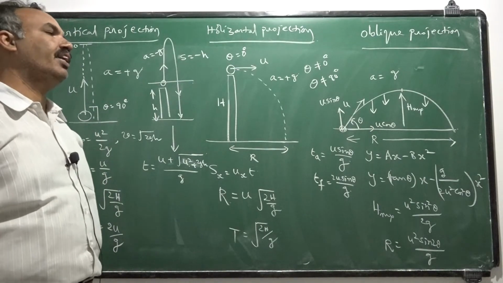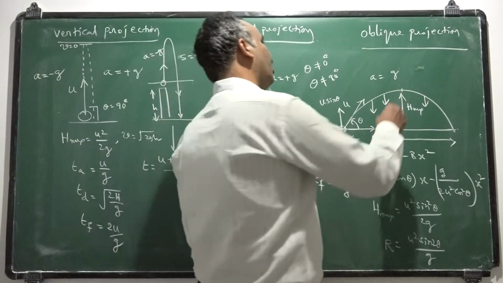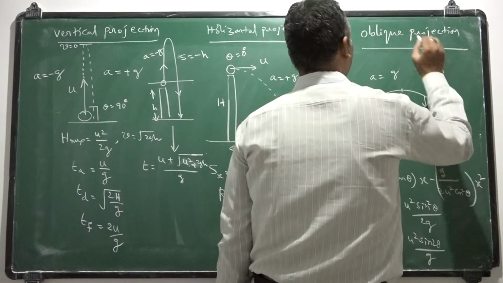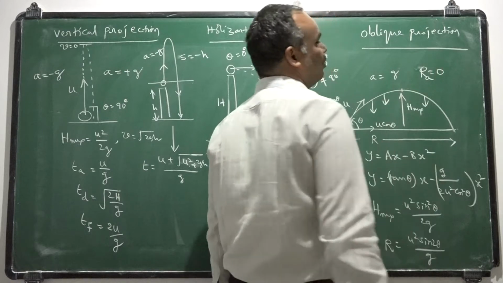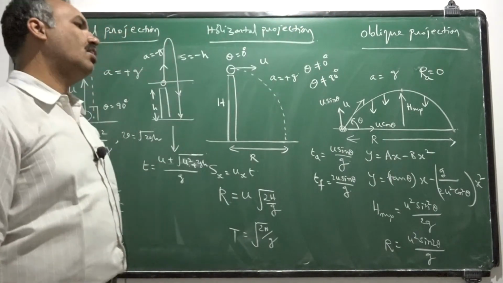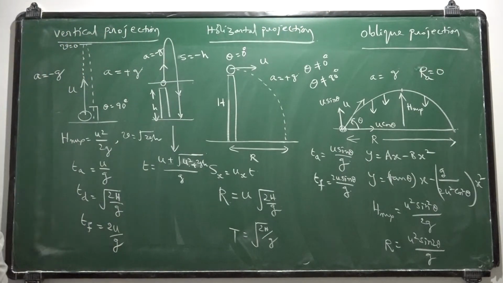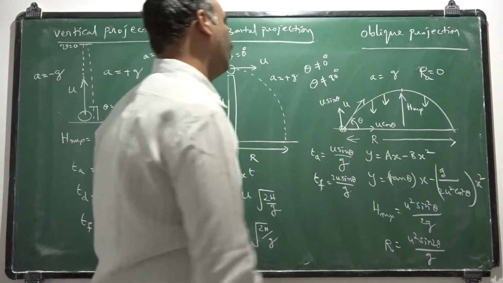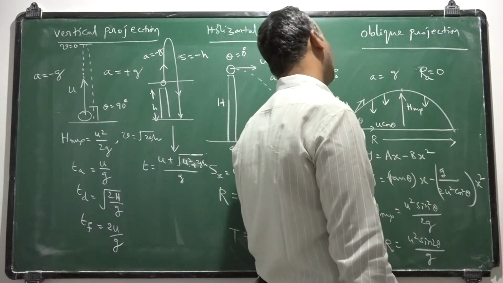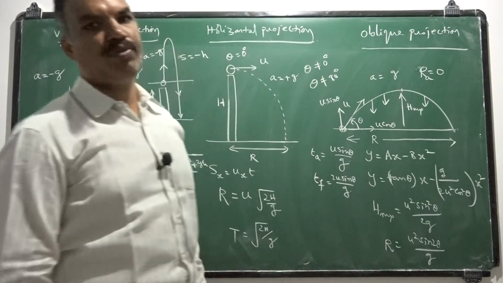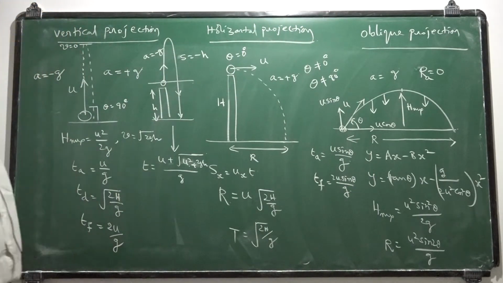Here always we take the air resistance as 0. So always horizontal component is constant, hence the motion of the projectile in horizontal direction is uniform motion, and the motion of the projectile in vertical direction is uniformly accelerated motion. So these ideas you should take into consideration before solving problems based on kinematics.